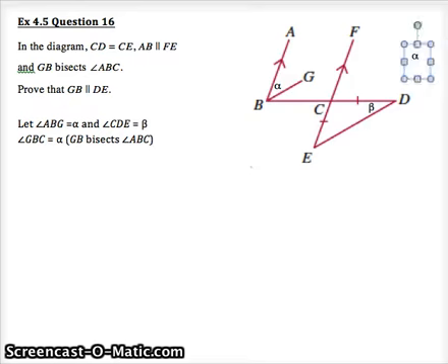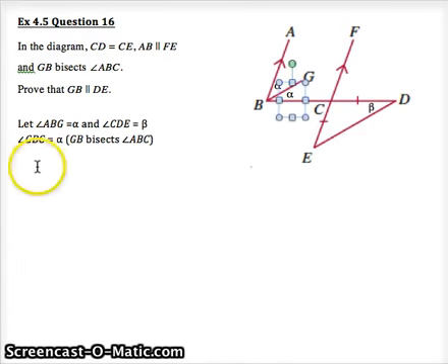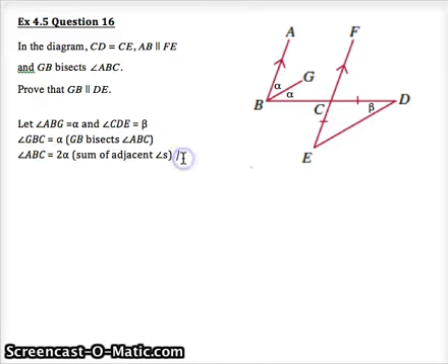So let's put an alpha in on our diagram again. So now we can see that the size of angle ABC equals 2 alpha because it's the alpha there plus the other alpha there. So angle ABC equals 2 alpha, sum of adjacent angles. Adjacent meaning angles that are next to each other.